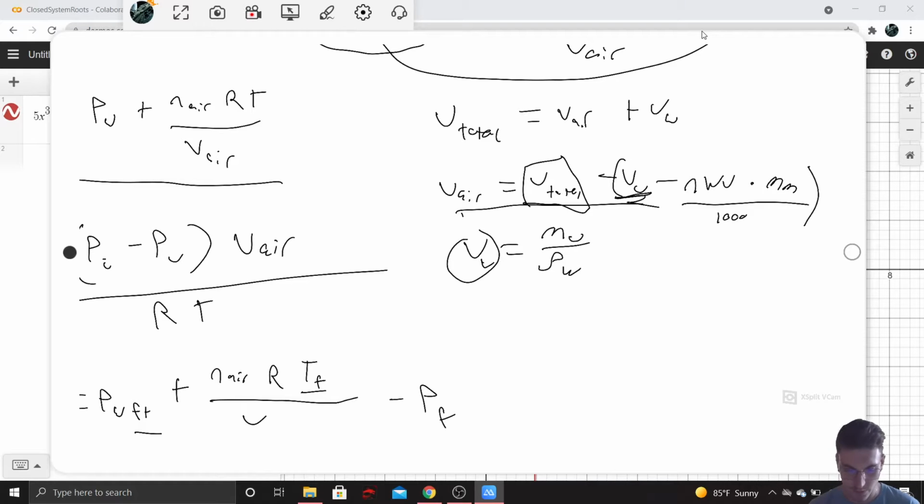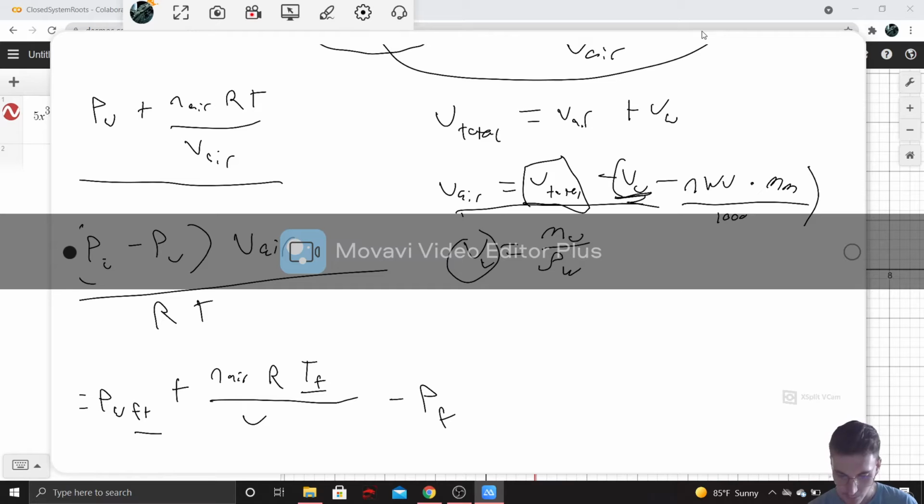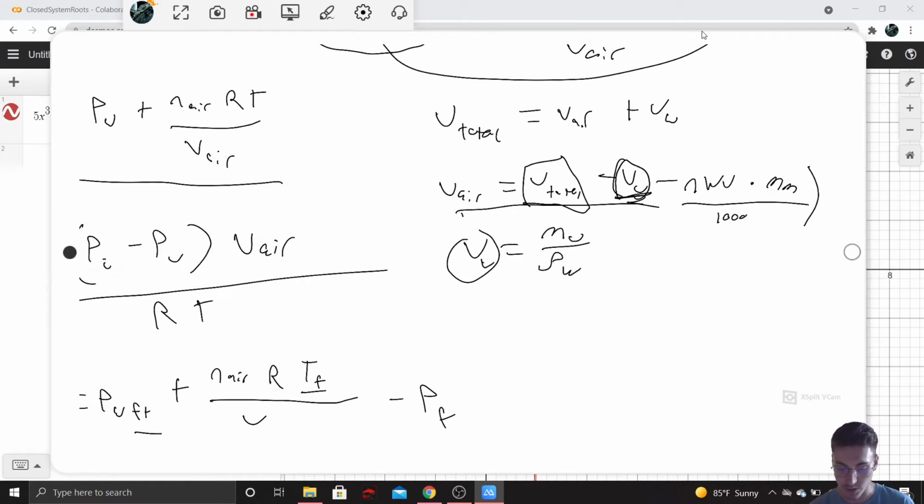Okay, so actually to go back up here, we messed this up a little bit. Right here, you can see that I have the total volume of water, but we're subtracting a mass from a volume, which we can't do. So what we're actually going to do is change this to just the mass of water.